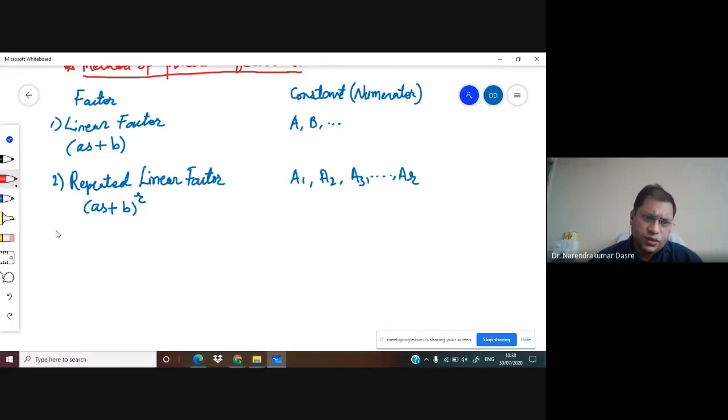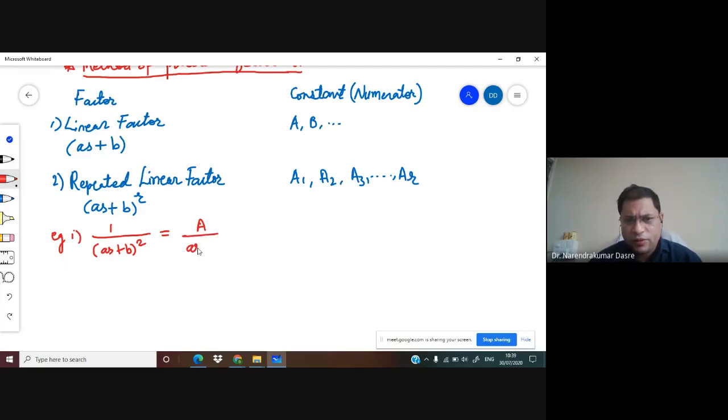Okay, so for example, suppose I have the factor repeated 2 times. So it is as plus b repeated 2 times. Then what will be the partial fraction of this?